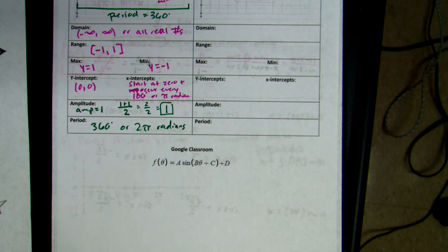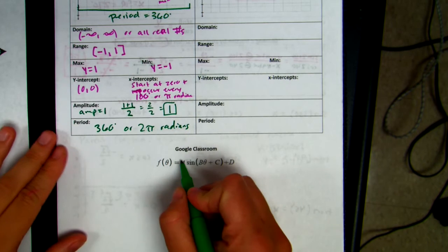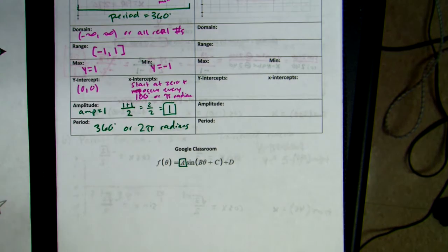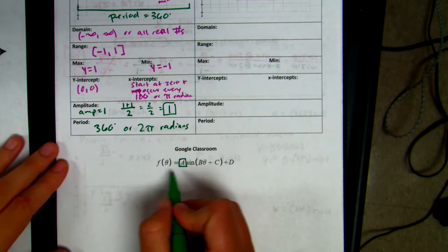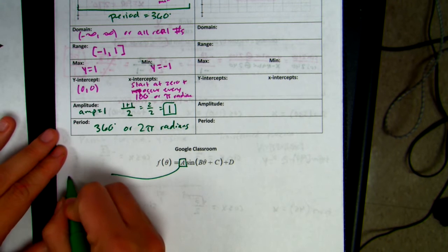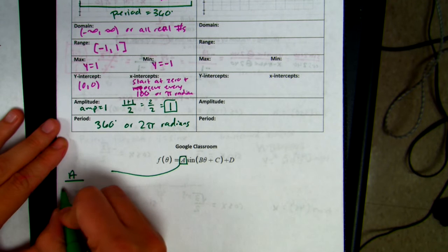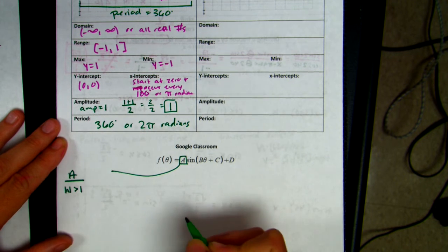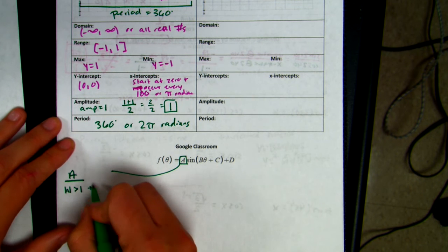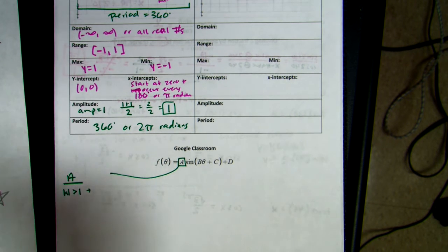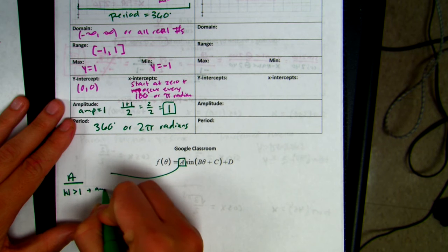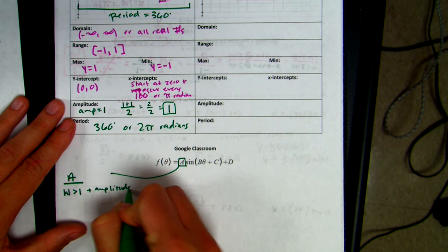Okay, we did this on a Google Classroom activity last class. Couple things here. Let's start with your a value. I'm going to tell you how each of these shift the function. For your a value, when the absolute value of a is greater than 1, the amplitude of your function increases.